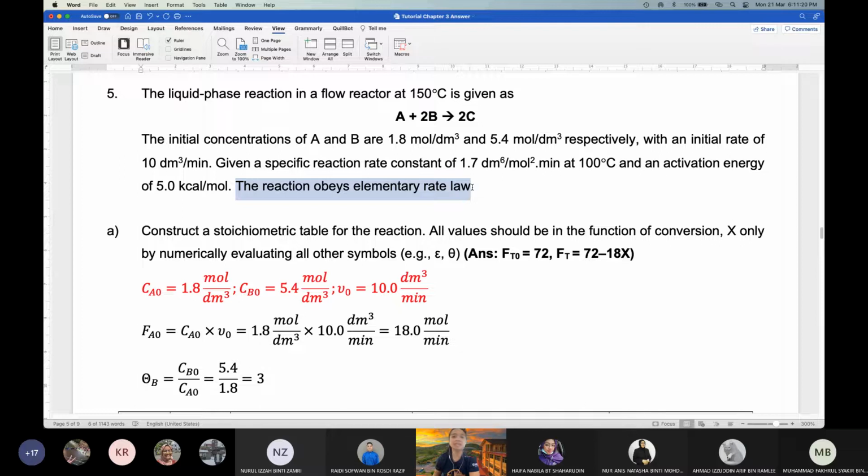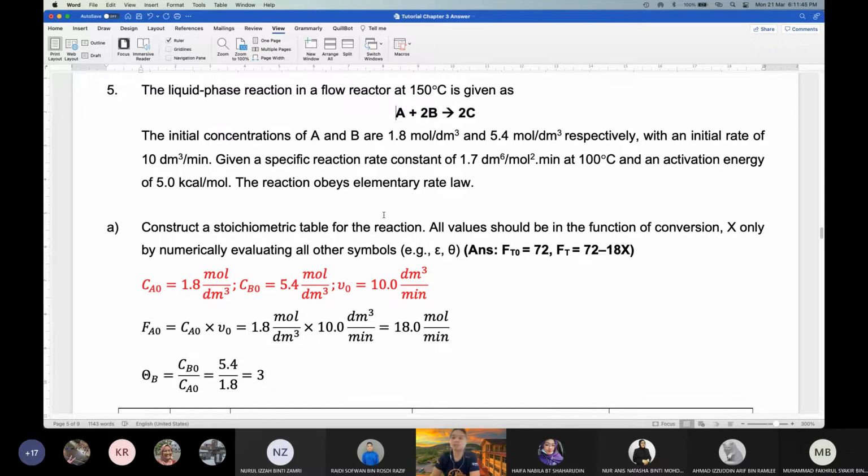So the question says it obeys an elementary rate law, meaning the reaction order of the reactant follows the stoichiometric coefficient. So the reaction is first order with respect to A, second order with respect to B. You immediately look at the stoichiometric coefficient and know the reaction order. Done. So that's all we know so far.